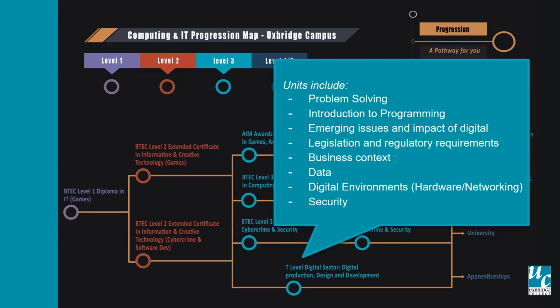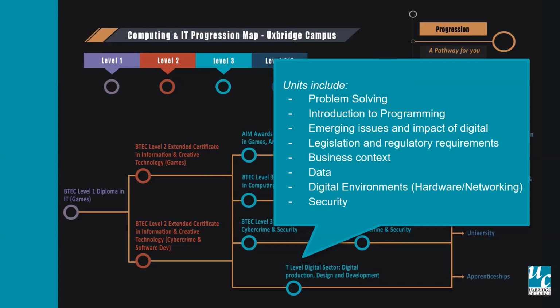Impact of this, emerging issues and impact of digital, is very much focused on legislation and the rules behind how to work in a workplace or how to deal with difficult employees. Legislation and regulation requirements come under the fundamentals of computing. Business context covers, if you're trying to produce software, what kind of business or legal implications there might be.